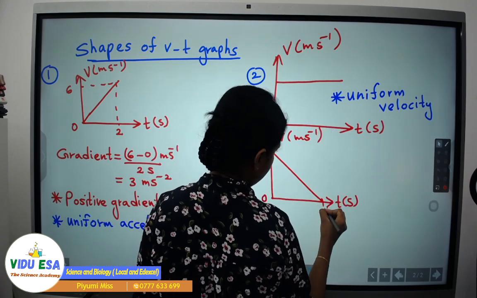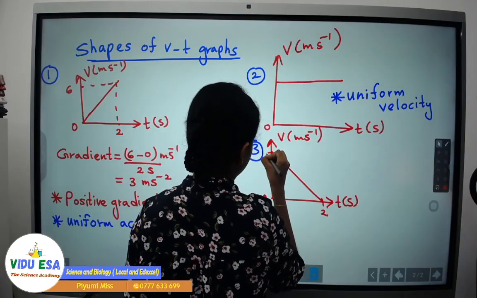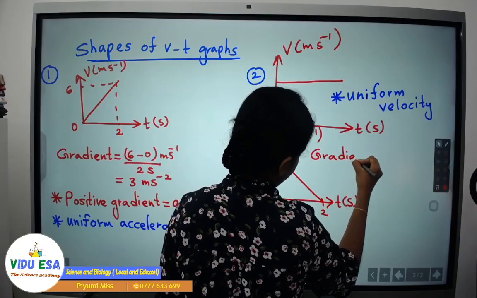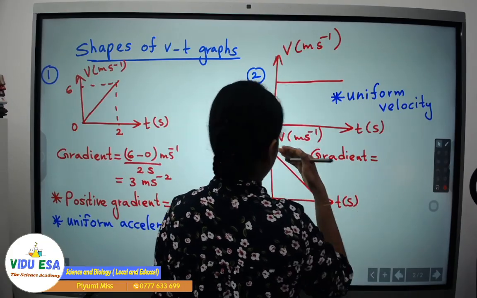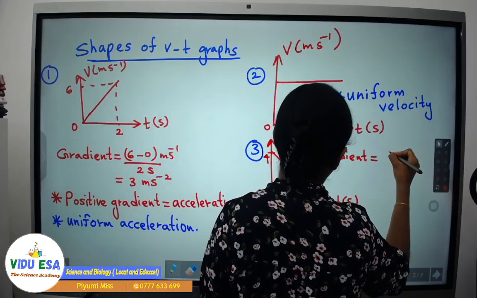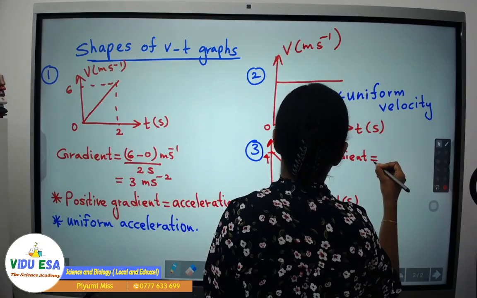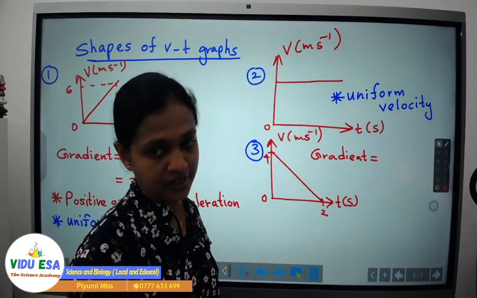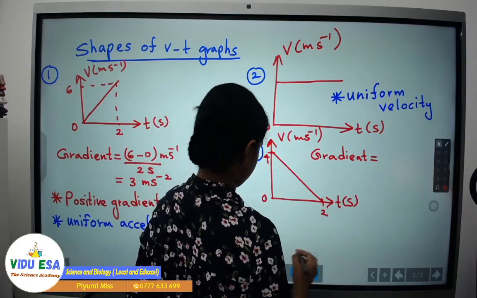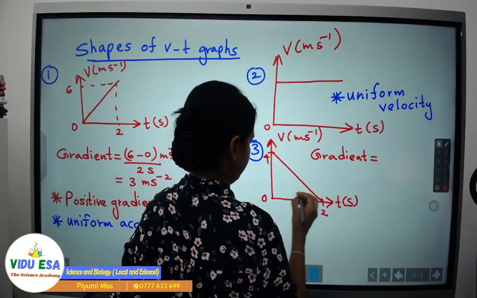Here this is 2 and here this is 4. Then gradient equals the difference in y coordinates, 4 minus, and final velocity minus initial velocity. Here we should take the final velocity as this.